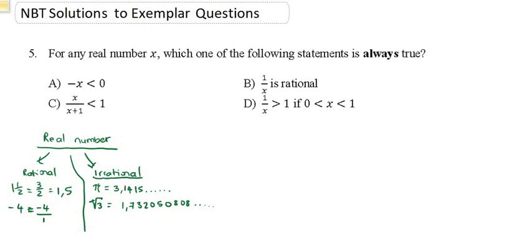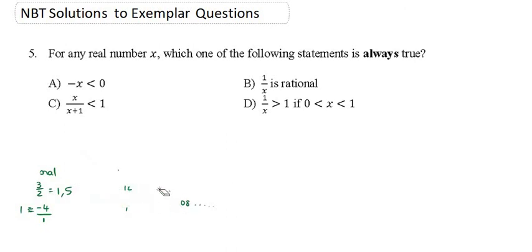So let me make some space. Let's quickly go through A, B, C, and D and see what statement is always true. So for A, minus x is less than 0. Let's say, for example, x is equal to 2.